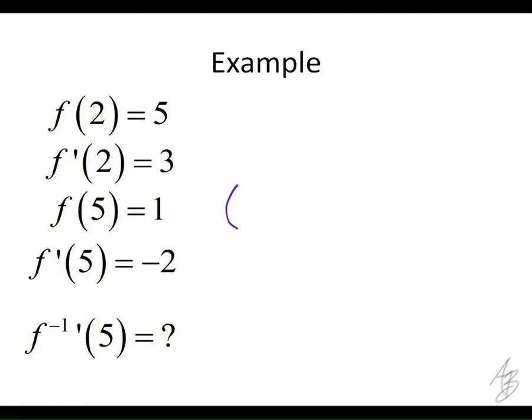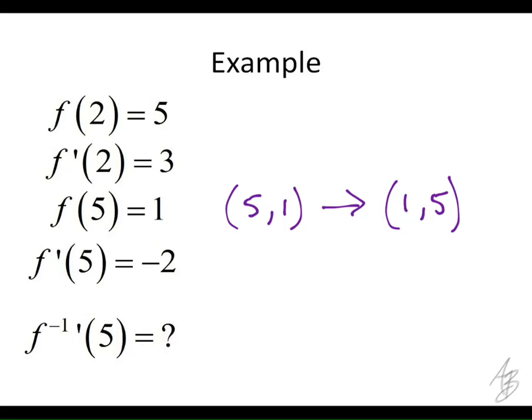So this point 5, 1 on the function is going to become the point 1, 5 on the inverse. So what this derivative tells me is that the slope of the inverse at x equals 1 is going to be negative 1/2. It's going to be the inverse of this. So it would help me if I wanted to find the derivative of the inverse at 1, but it's not going to help me find the derivative of the inverse at 5.